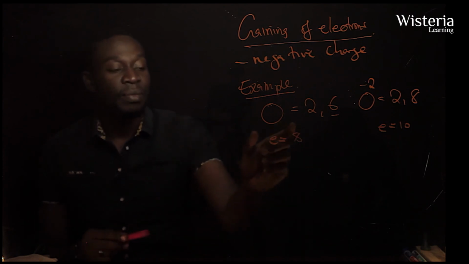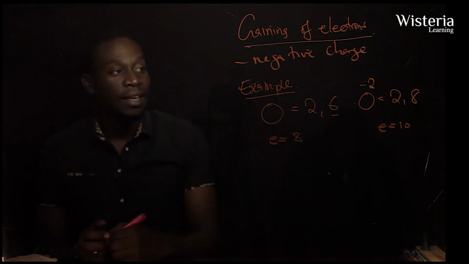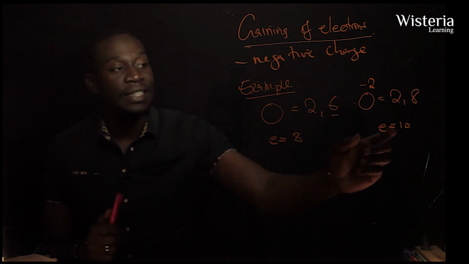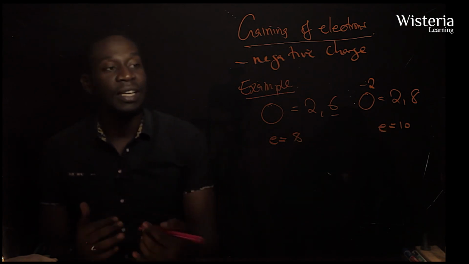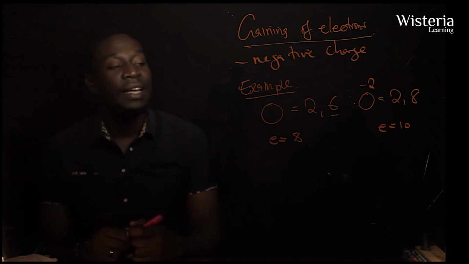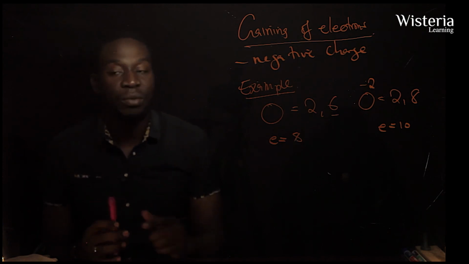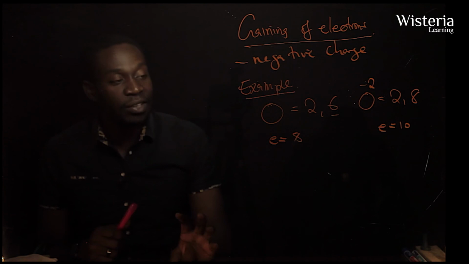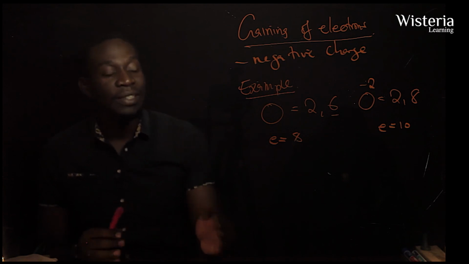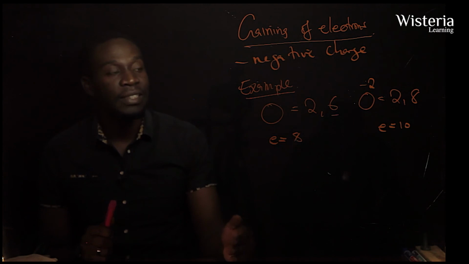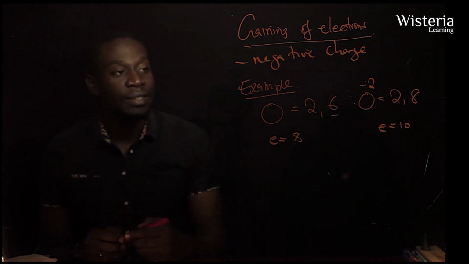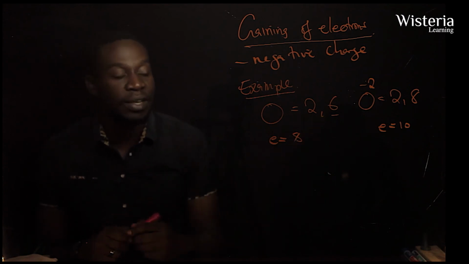These ions are negative because non-metals gain electrons and have a negative charge. But the number of protons and the number of neutrons will remain the same. An atom of a non-metal must gain electrons in order to become stable, like the electronic configuration of noble gases. So we have seen oxygen, for it to be stable, has gained 2 more electrons.